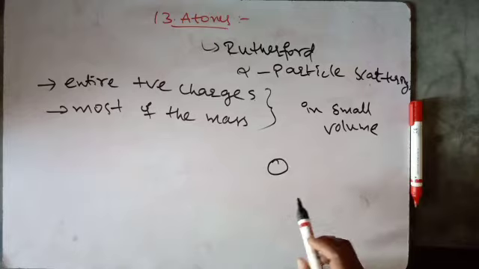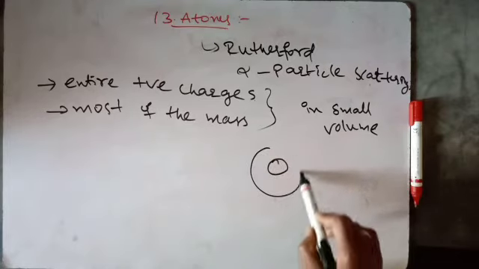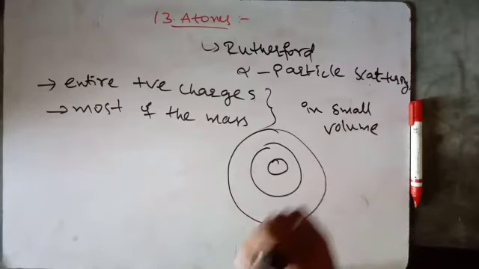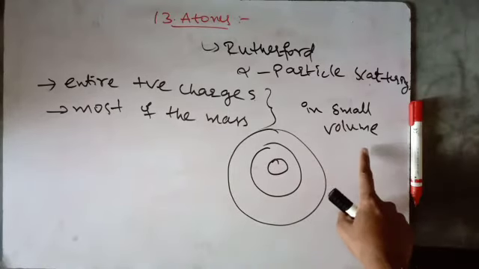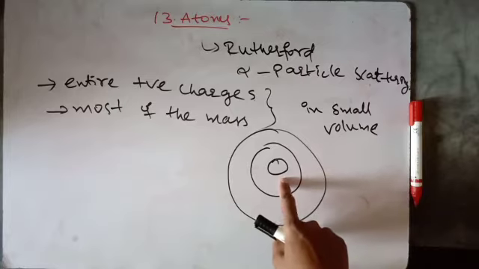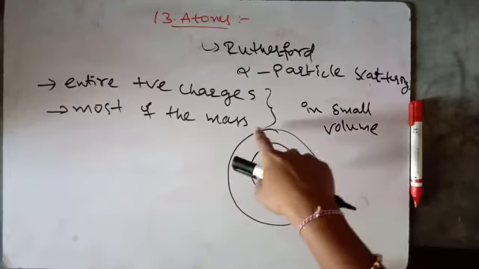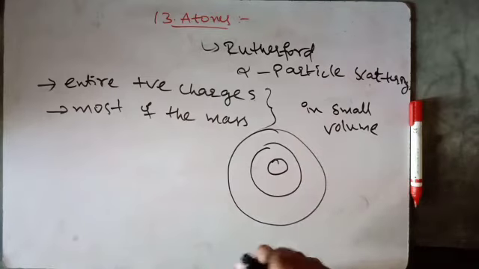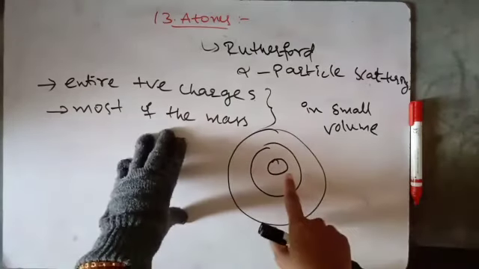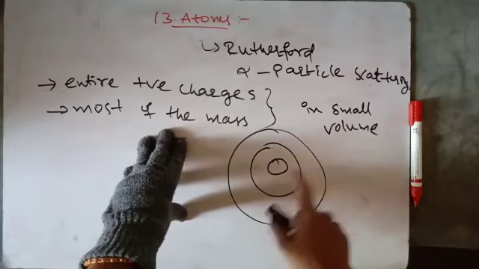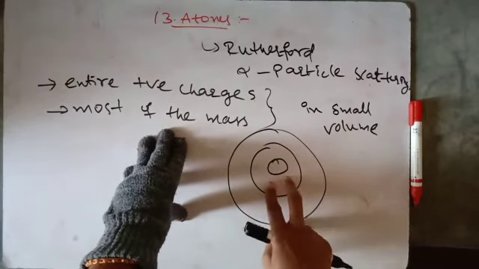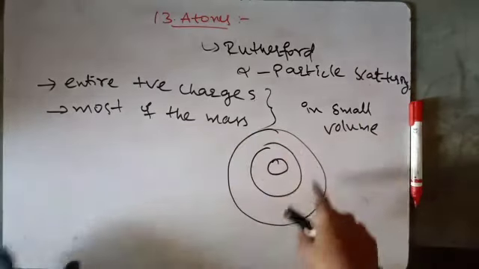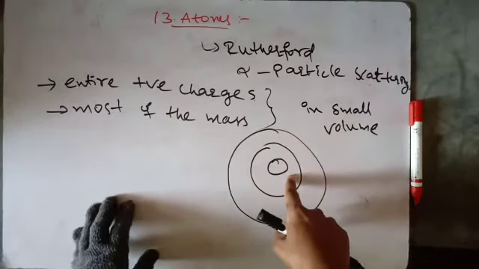And all the electrons are revolving around this volume, like the sun is situated at the center and the remaining planets are revolving around this sun. So the entire positive charge is situated in a small volume and the electrons are revolving around this small volume.